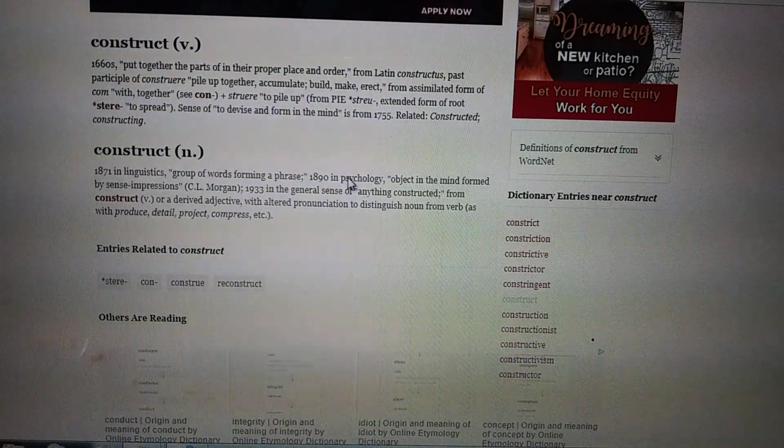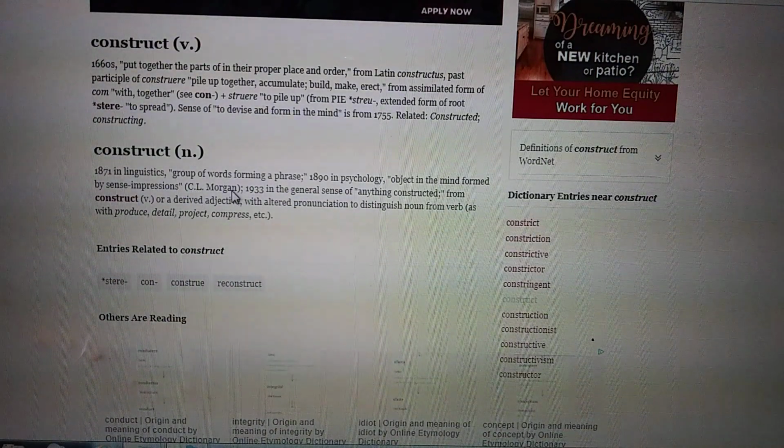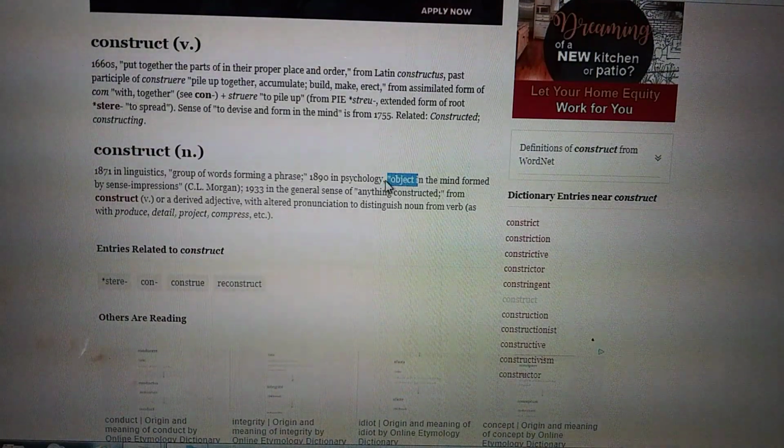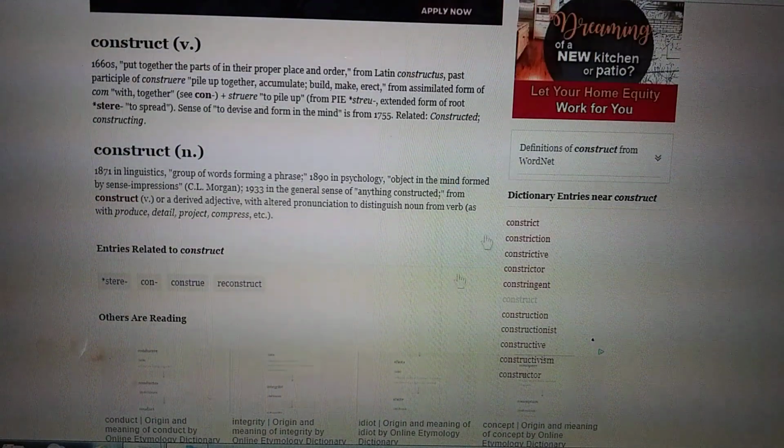1890s. Now check out. In psychology, object in the mind formed by sense impressions, right? Object in the mind. It's not the subject in the mind, it's the object in the mind. And it's not the object in the thought, it's the object in the mind, right? Talking about sense impressions.